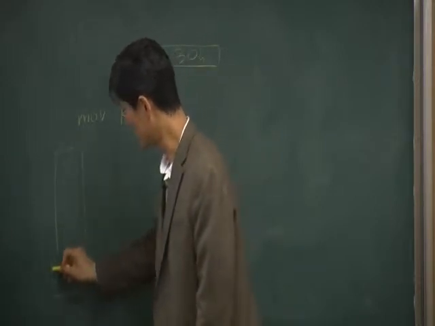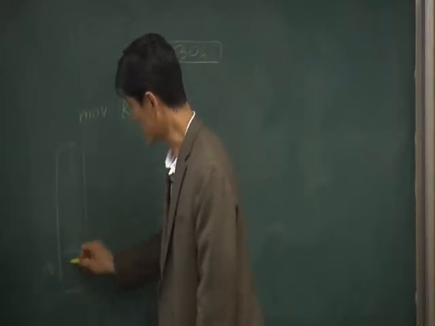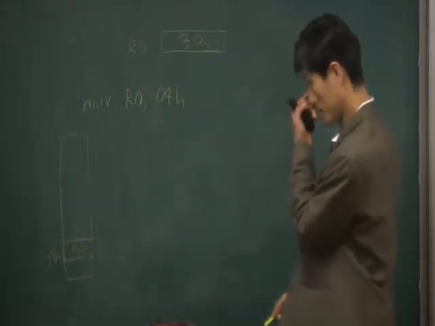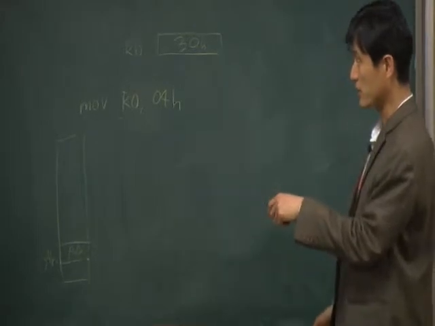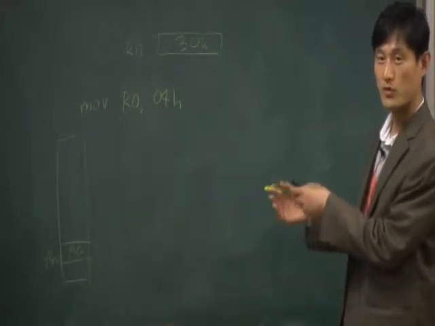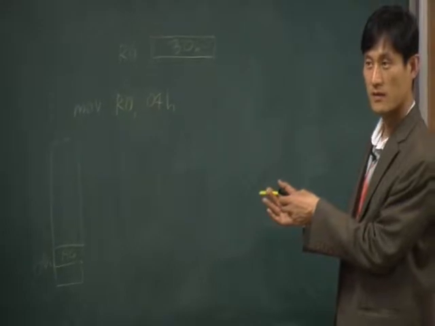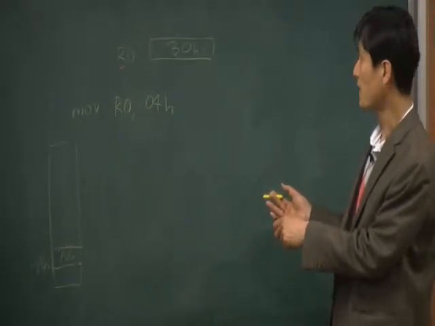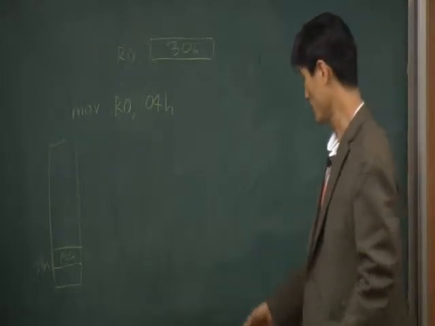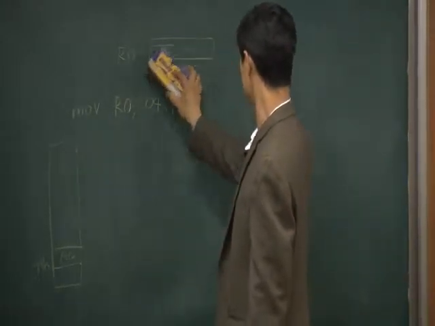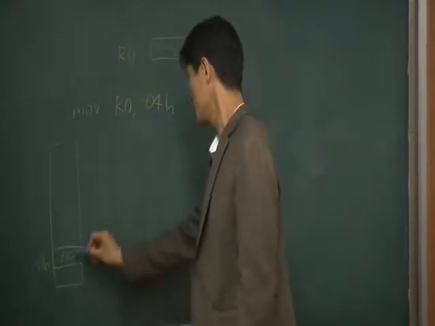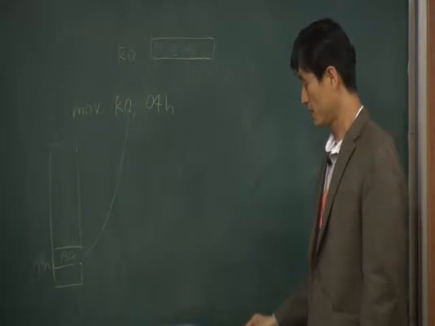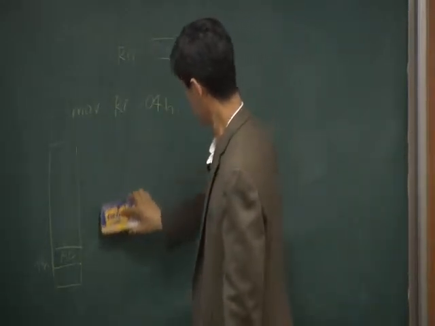Let's say we have 04H here, and we have a value, let's say AC. And now, let's say we execute this one. Then what would be the result? AC is now being copied into R0. Now we lose the old value, and AC goes into here. That's the result, right?